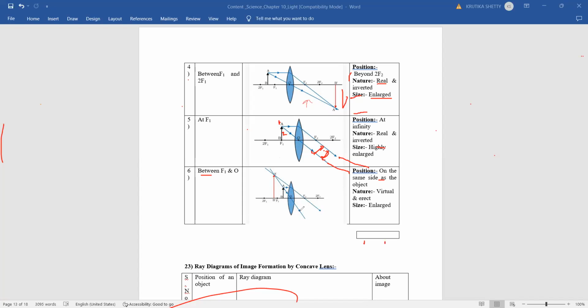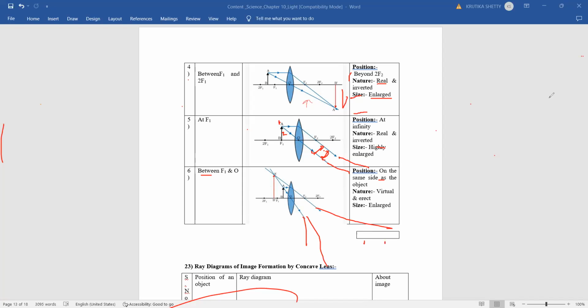But here the rays will not join; the distance between the two rays goes on increasing. Because of that, the rays are produced in the backward direction, and you can see the image is formed just behind the object.